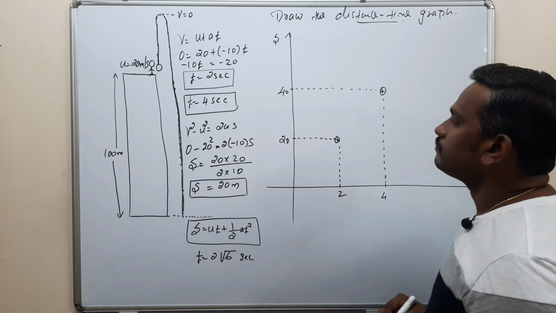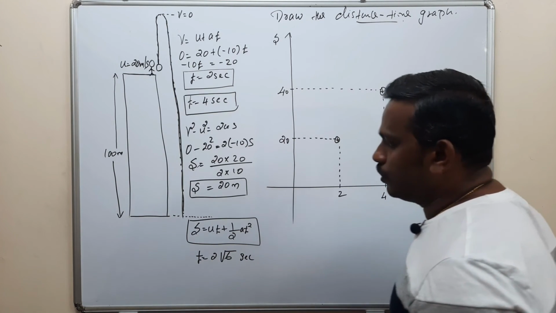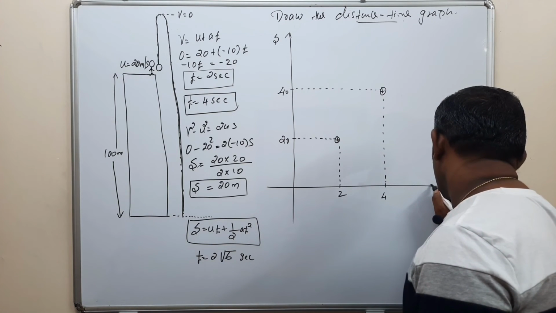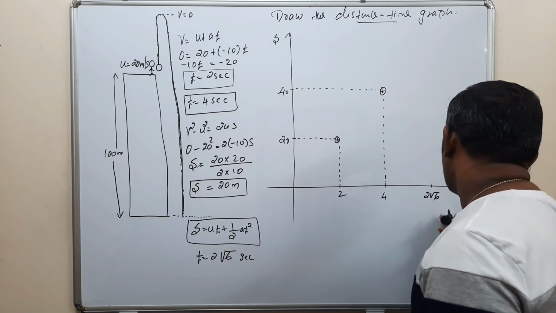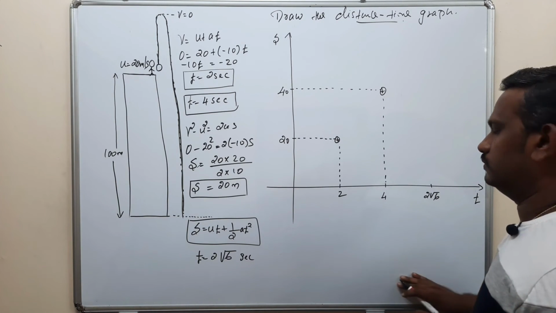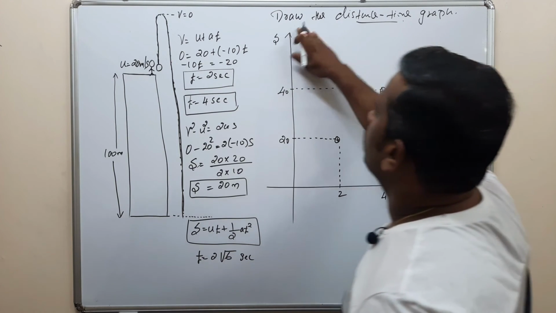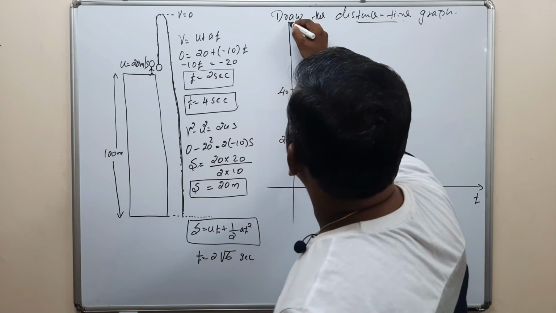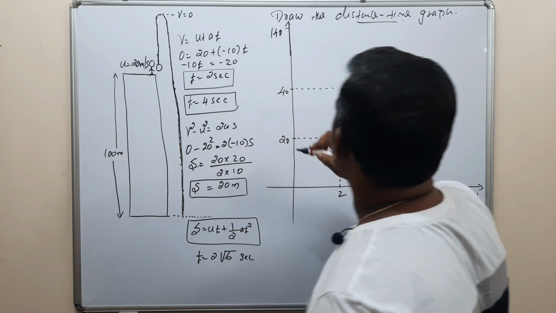When time t is equal to 2 root 6 seconds, the distance traveled by the ball is 140 meters.